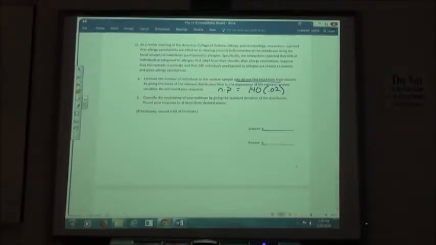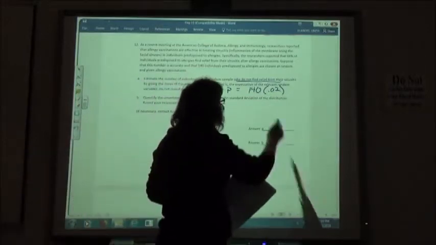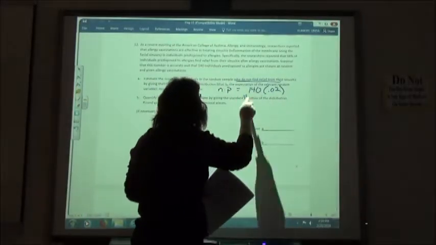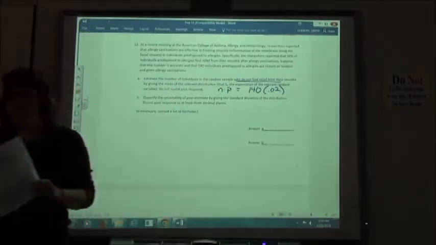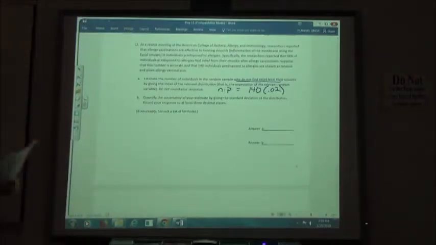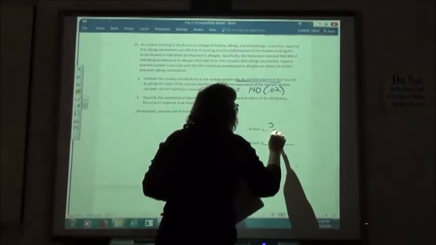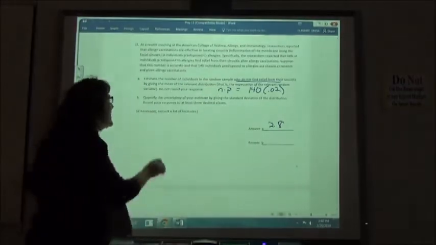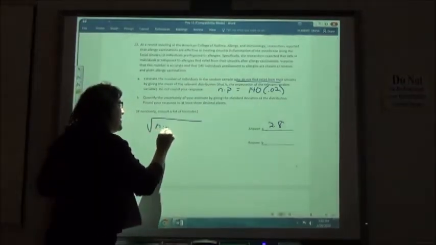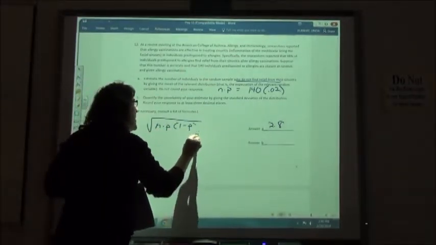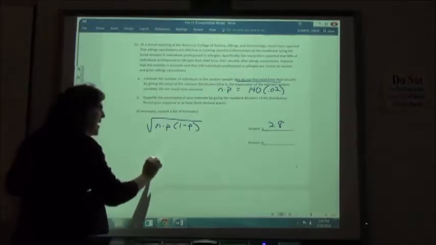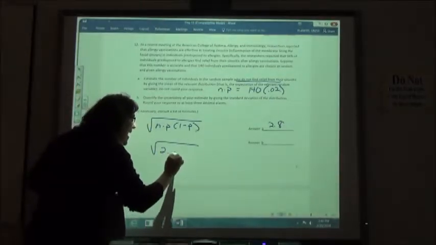So when we find our mean, then we're going to have 140 times 0.02, which gave us 2.8. We're then going to find the standard deviation, n times p times 1 minus p. So n times p was our 2.8.